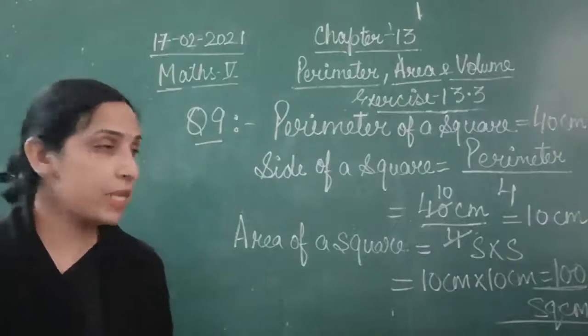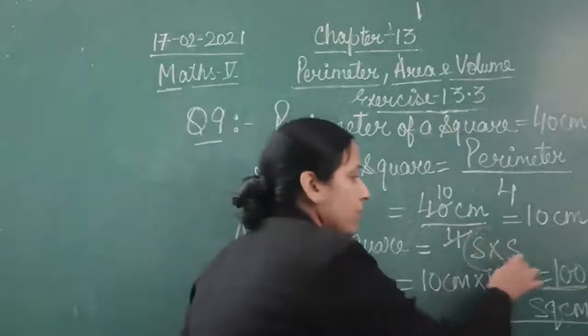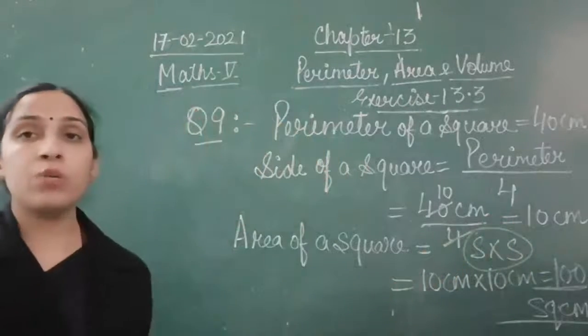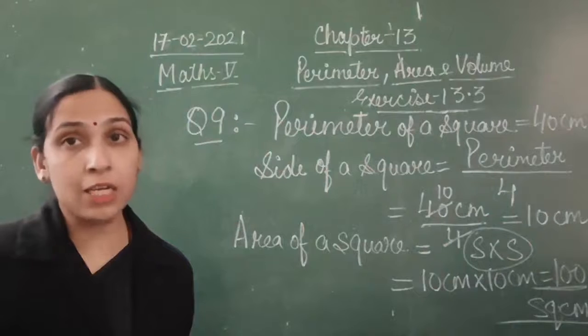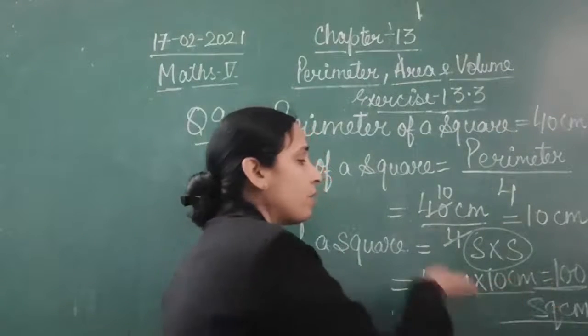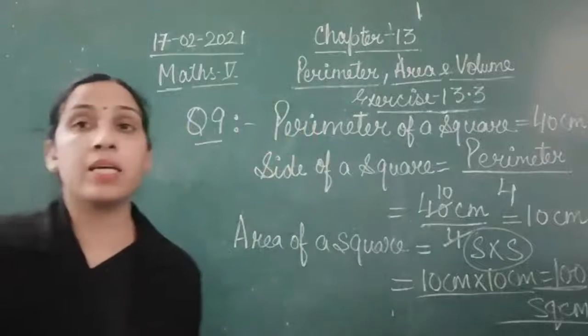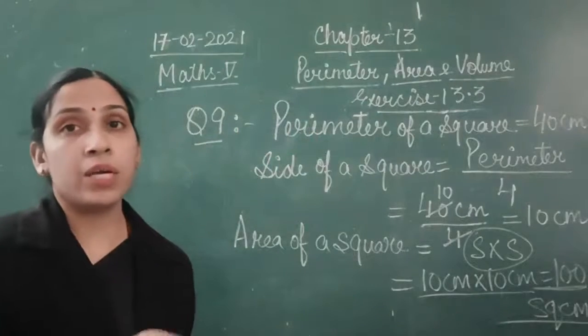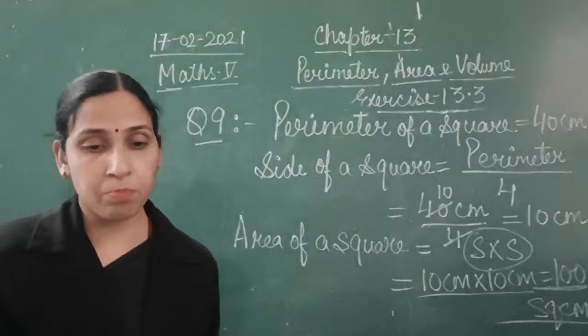The formula is the same, side multiplied by side. Put the value 10 centimeter, or whatever side you find, in this formula and you will get the answer: 10 tens will be 100 square centimeter.